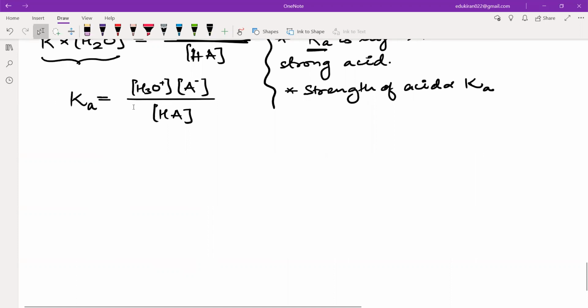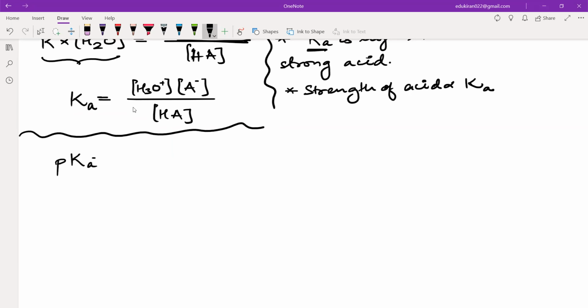Related to Ka, there is another term which is known as the pKa. Okay, and pKa is defined as the negative log of the value of Ka. Now, I hope you can see that if the Ka is high, the pKa will be low.